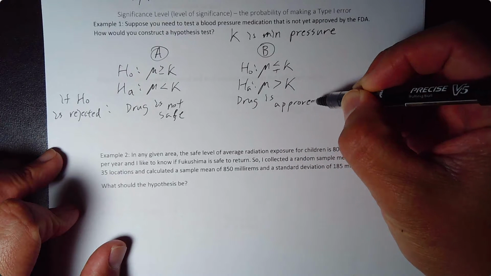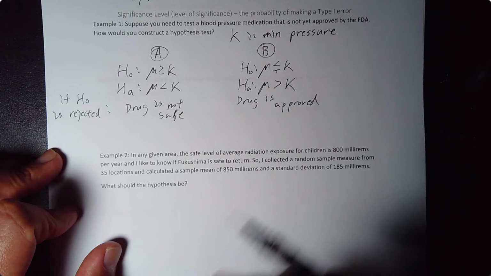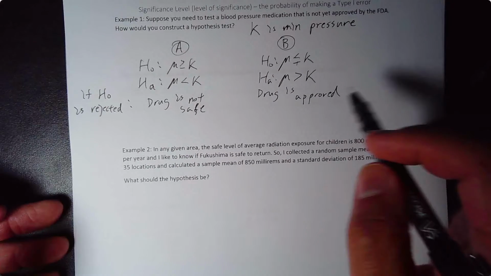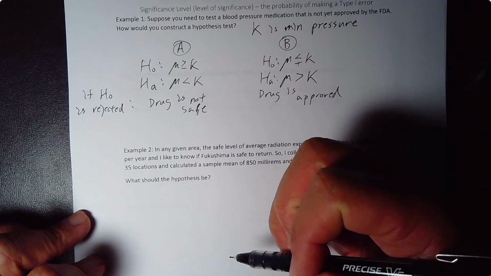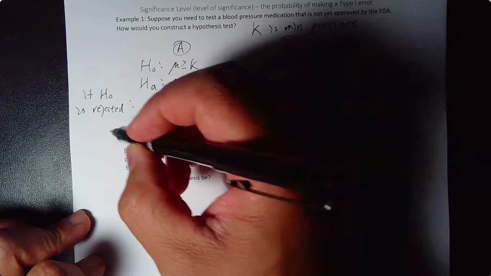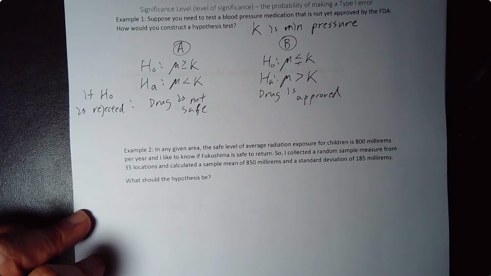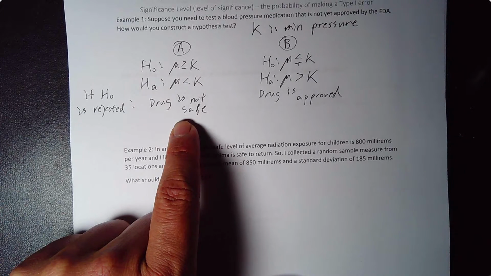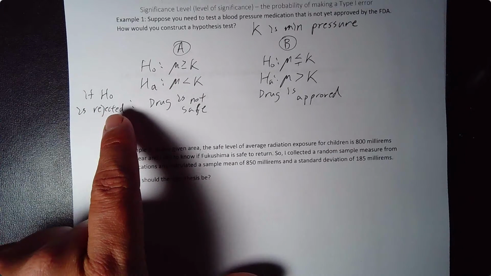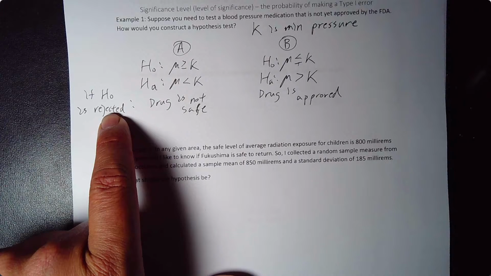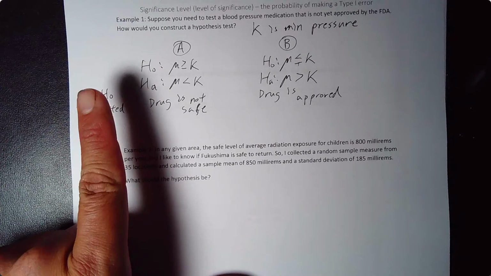Okay, all right. Now, the drug is approved. But here's what happened. What is the consequence if in fact the null is true? What happens if this is a mistake?